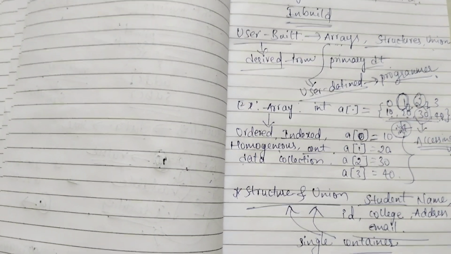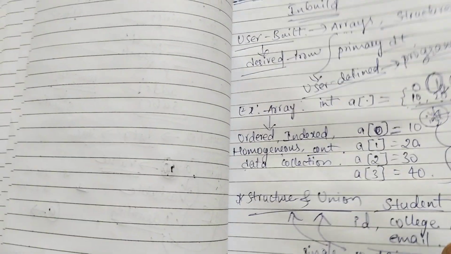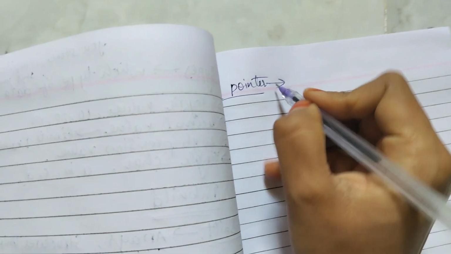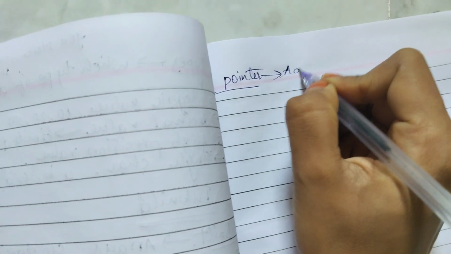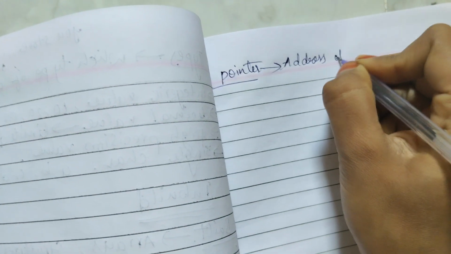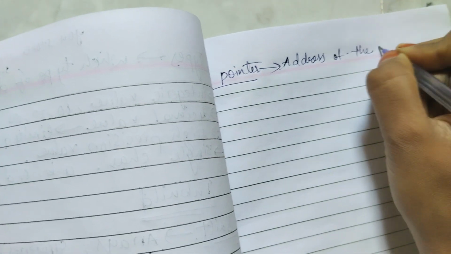And the next concept is the pointer, which is again a very important topic. Pointer means, I'll tell you first, the address of a variable.